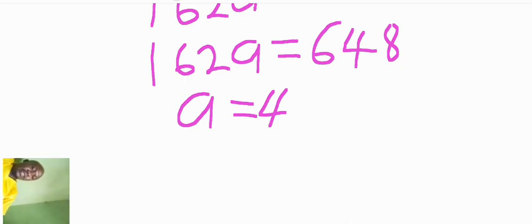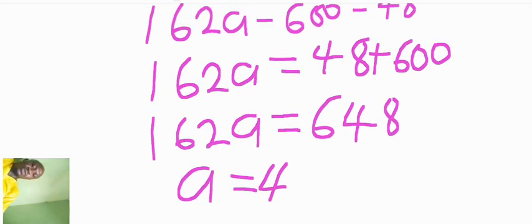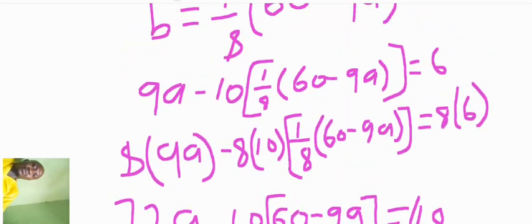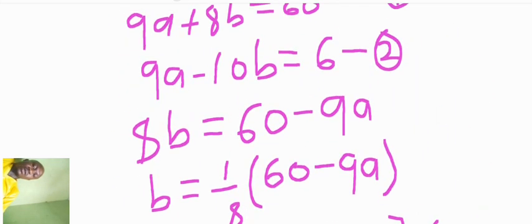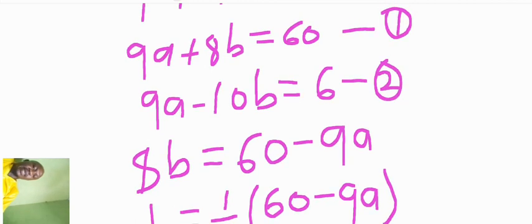Now let's go to the next step, step 5. Starting the solution from step 4, we have to substitute the solution from step 4 into another equation to solve for the other variable. So a is equal to what? 4. So a is equal to 4. So let's go to the equations. We have equation 1 as 9a plus 8b is equal to 60, and equation 2 as 9a minus 10b is equal to what? 6.